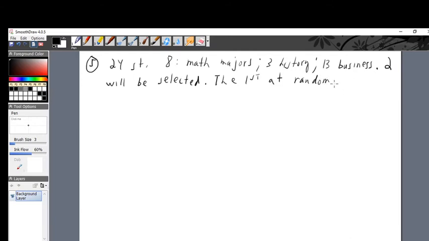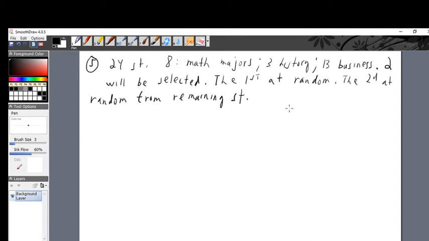Now the second, of course, at random too. But there's something more here. From remaining students, those are key words. From remaining. The first student doesn't go back in. From remaining students.